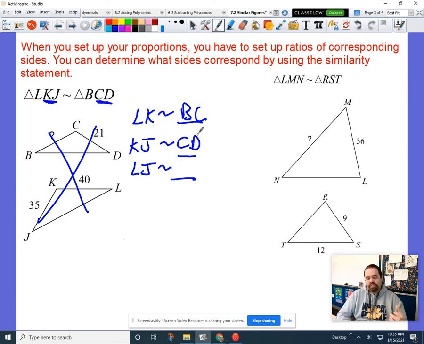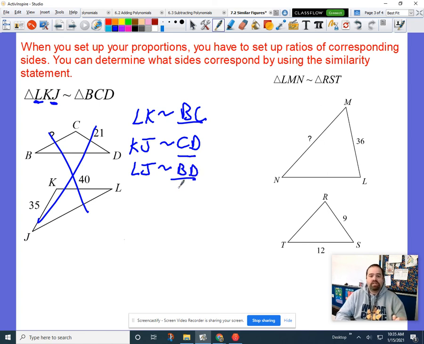When the triangles are named, the names aren't just thrown up there. They're named in a very specific fashion. The way you name the first triangle doesn't matter. It's the second one that has to match up with the first one. And then the last one, LJ, is going to be similar to BD.